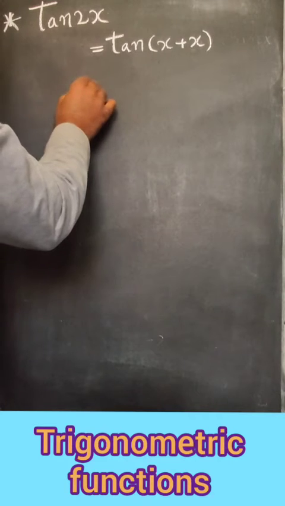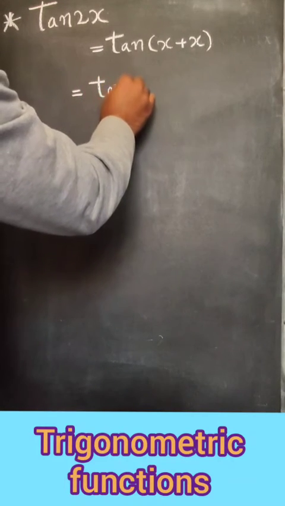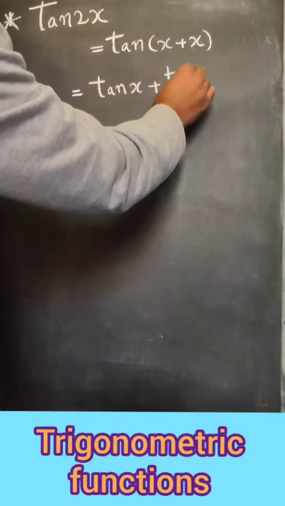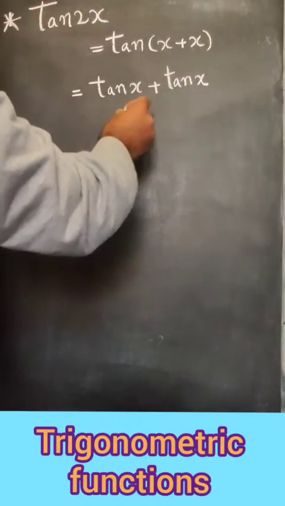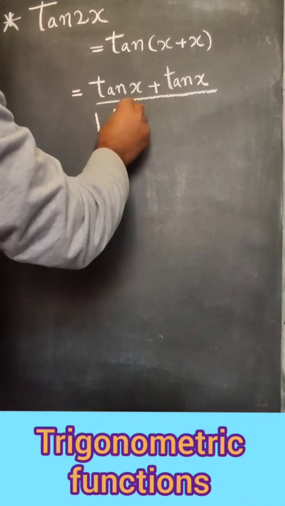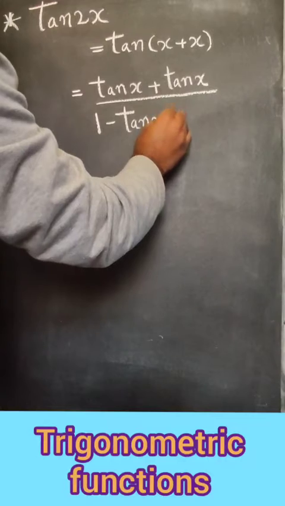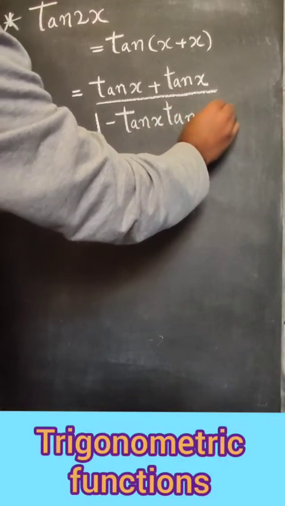So we can write tan of x plus tan of x divided by 1 minus tan of x tan of x.